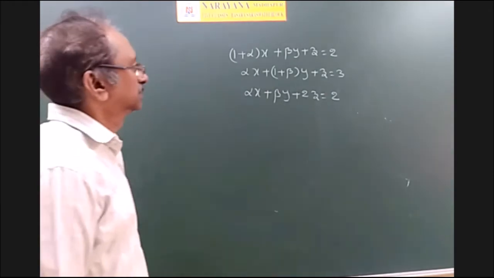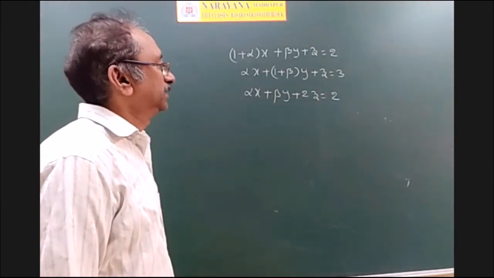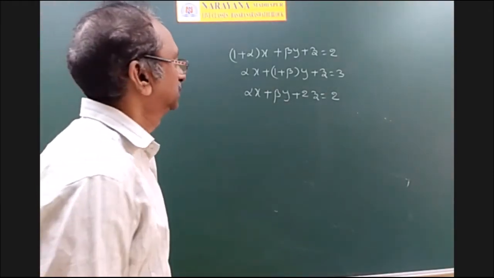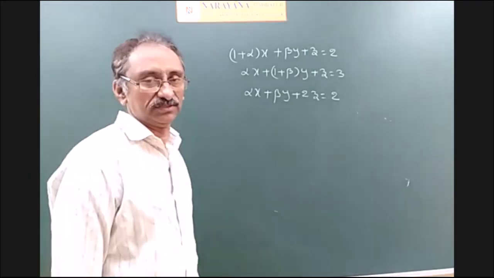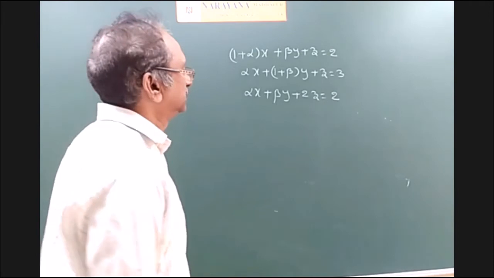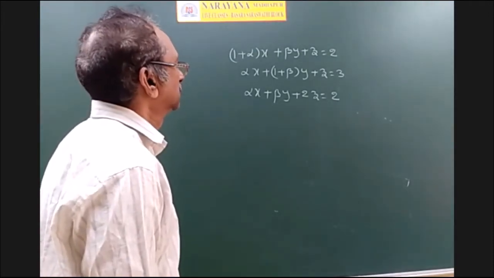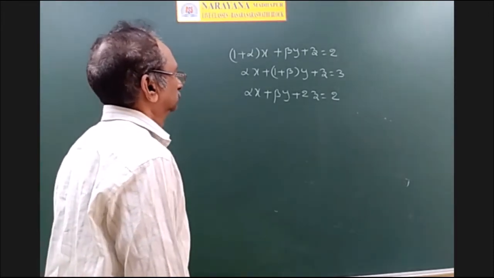So it should have a unique solution, right? And see, it is a non-homogeneous system of equations. Then how do we get that unique solution?